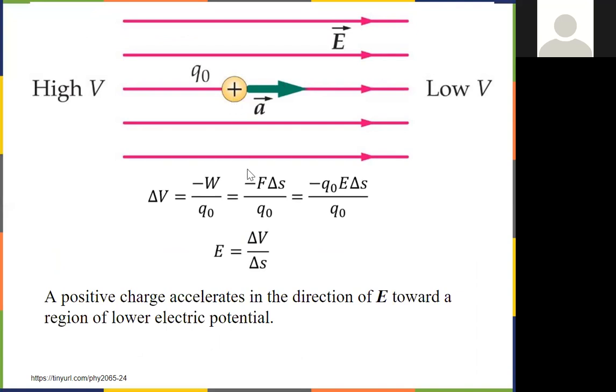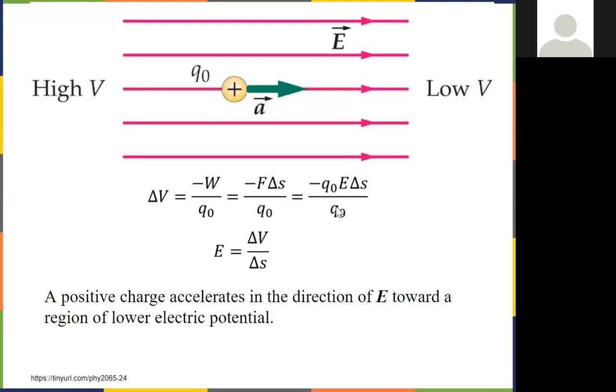The work equals minus F times the change in displacement delta S, over Q0. F is Q times E. So at the end, you have delta V equals E times delta S, because the Qs cancel out.